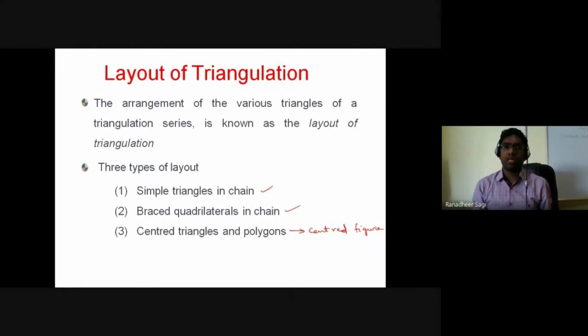At the center of that polygon, if you have another triangulation station with respect to which all the sides of the polygon are connected, then such a layout is what we call centered triangles and polygons.